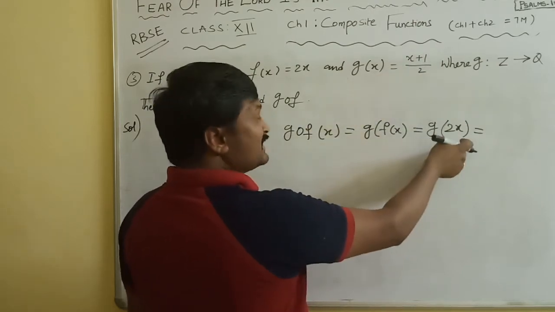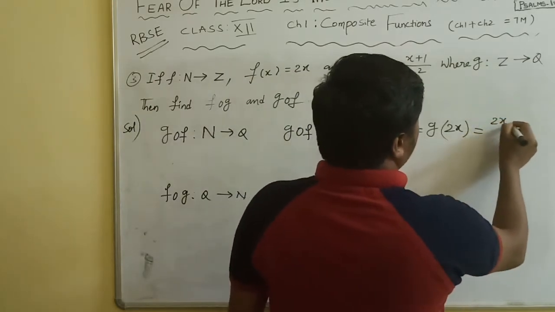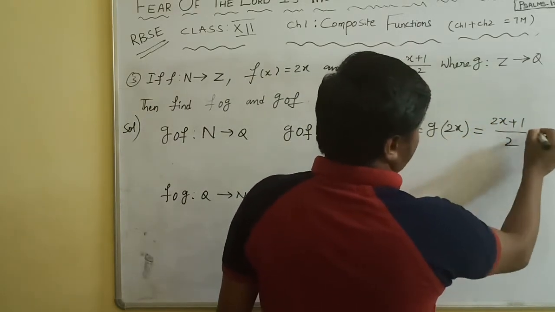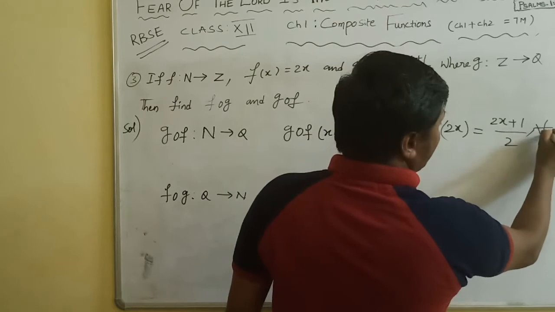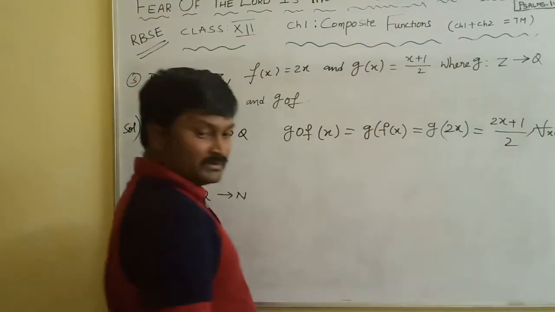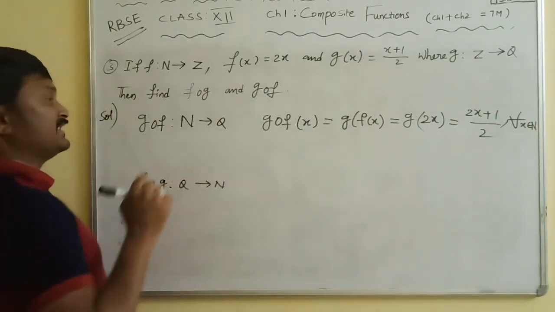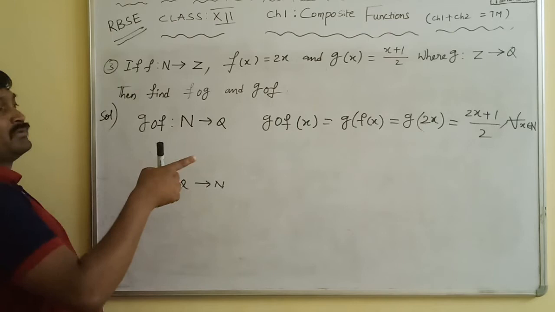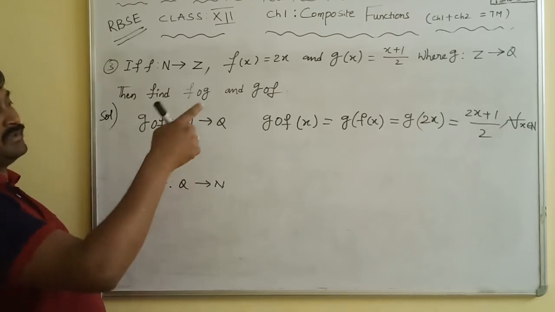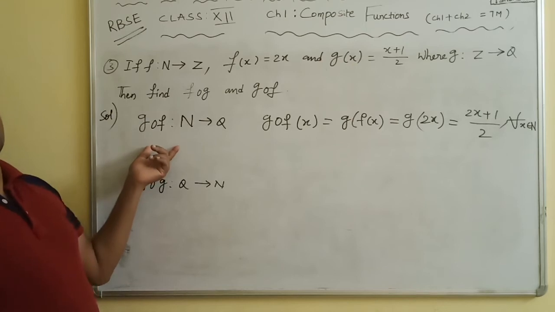G of 2x means wherever x is there, what do I need to write? 2x. So now we can write (2x plus 1) upon 2. Here, for every x belonging to N, natural numbers, when you substitute any natural number, you are going to get a rational number. So this G circle F is defined.